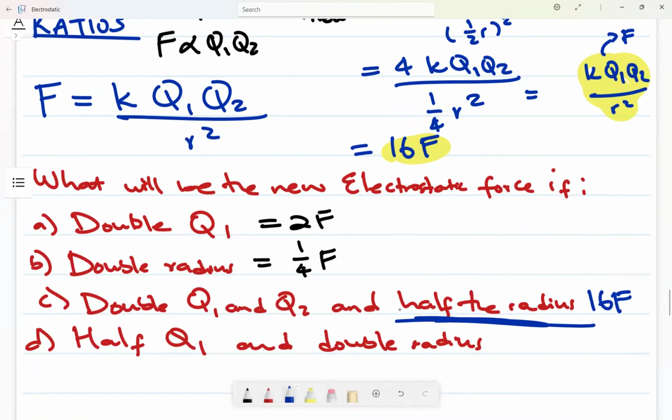Can you see now, when we halve the radius, the force increases, because remember I told you if the distance is short, what will happen is that the force that you experience will be greater, because now you're close to one another.